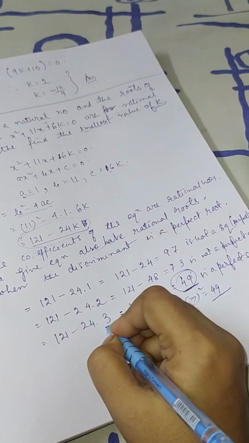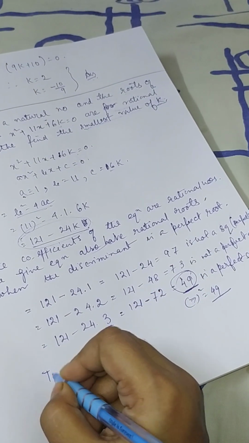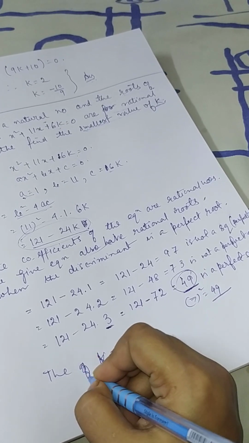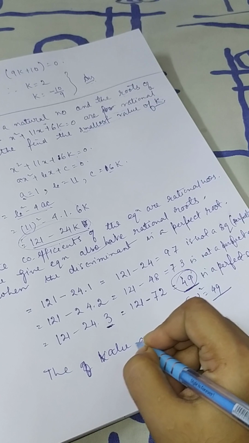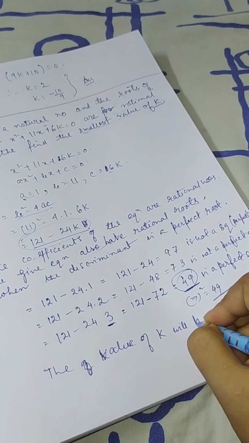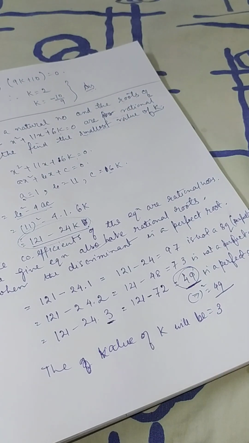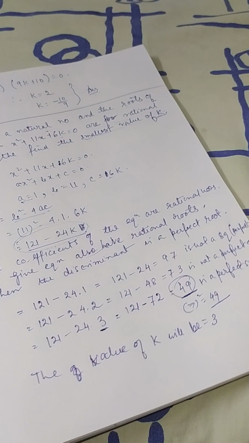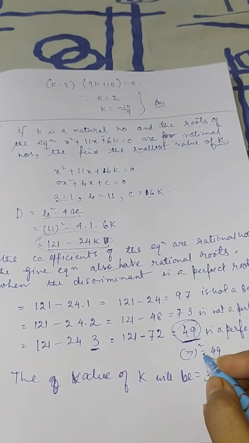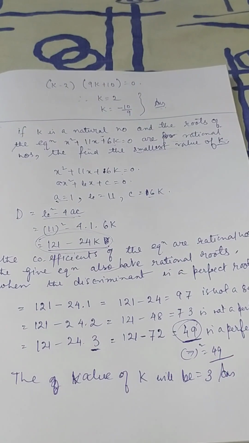So the value of k will be 3, right? So, I hope you have understood this numerical.